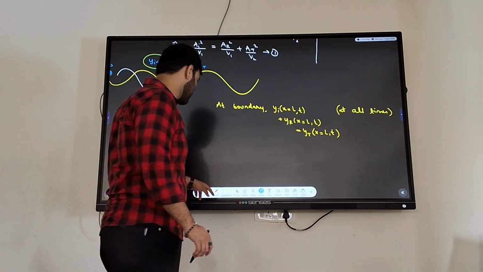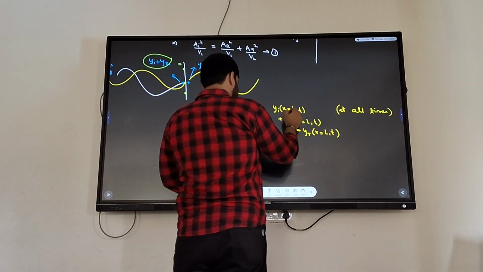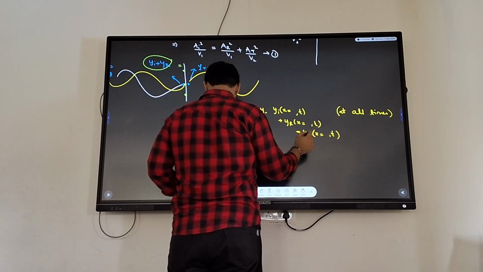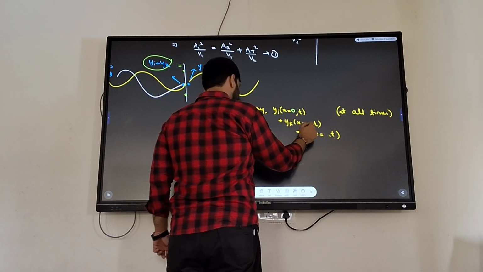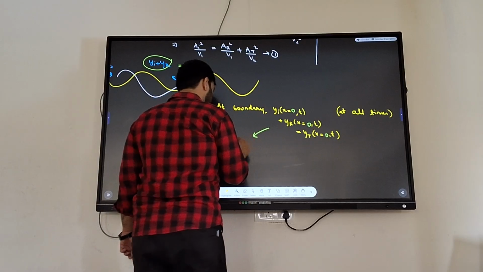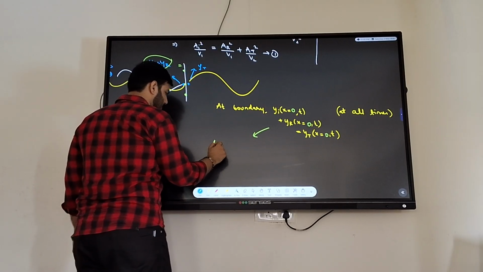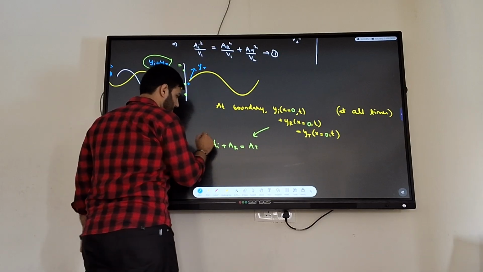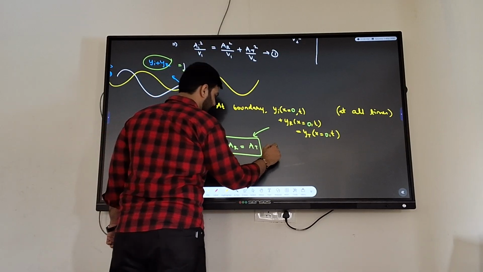Anyways, let's do the calculation for t equal to 0 and x equal to 0. I'm not doing the whole exercise, but you will find that A_i plus A_r should be equal to A_t. This is my second equation.